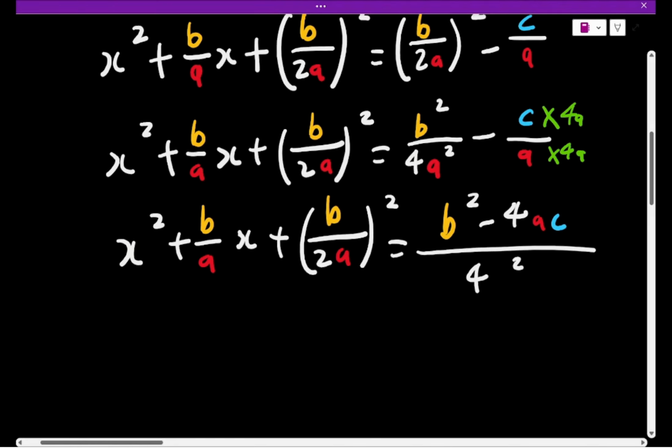Now, the left-hand side can be simplified to be a perfect square. So this would be equal to x plus b over 2a, this whole thing squared, is equal to b squared minus 4ac over 4a squared.